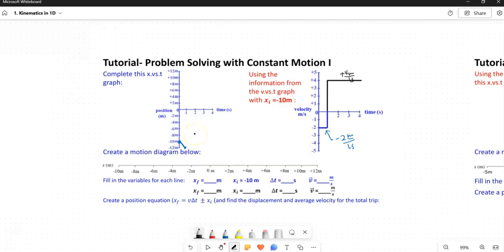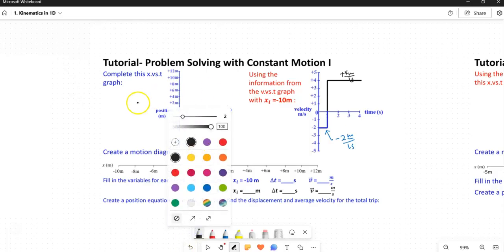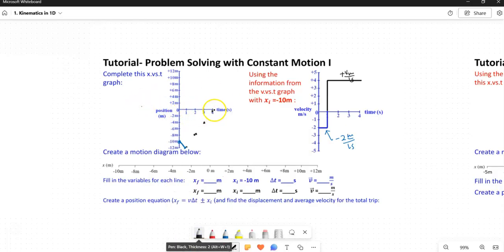So at the 2 second mark, it should be about right here. Hopefully this will end up being a straight line. And then it's going to go to the right 4 more, and 4 more, so it should look like a straight line going up to there. There you go. Cool.